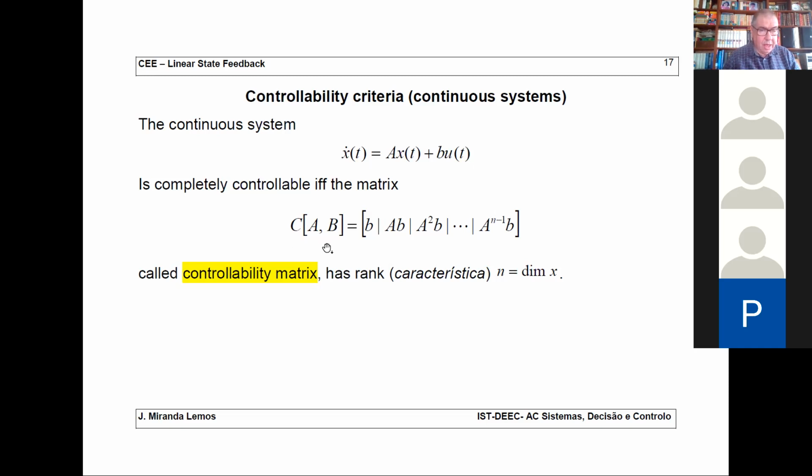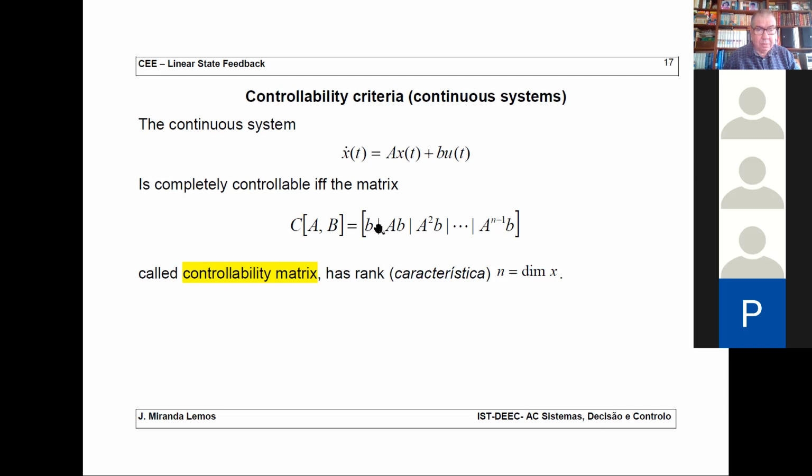So I wrote this one. So this is the so-called controllability matrix. And how is the controllability matrix made? So you put first column B, second column AB, then A squared B, etc., up to A to the N minus 1 B, where N is the dimension of the state.